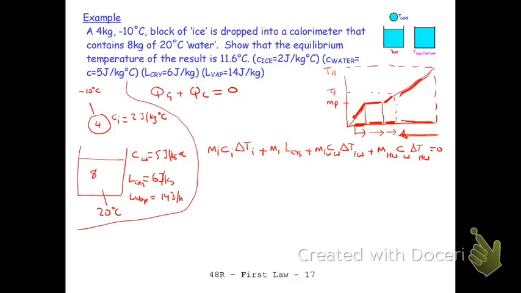Mass of the ice is 4. Specific heat for ice is 2. Temperature change: I know this temperature change because I know ice melts at 0 degrees C. So it would be my final temperature, which is 0, minus my initial temperature, which is minus 10.